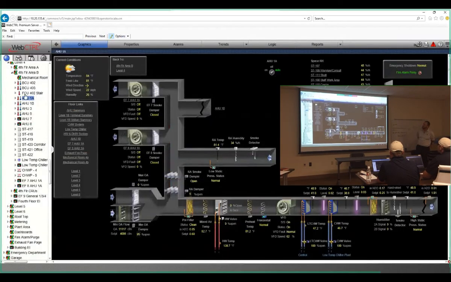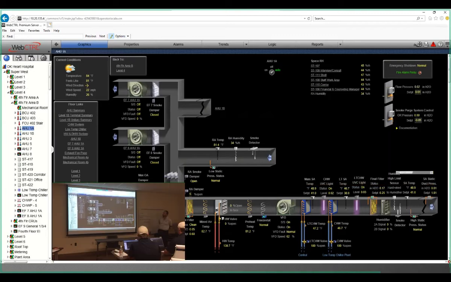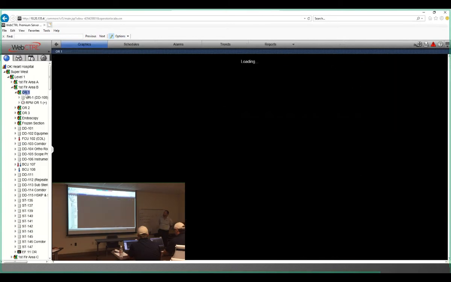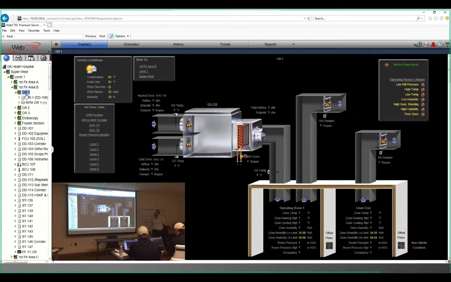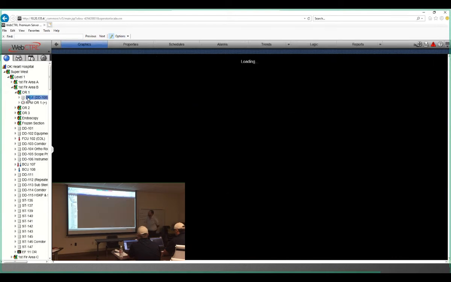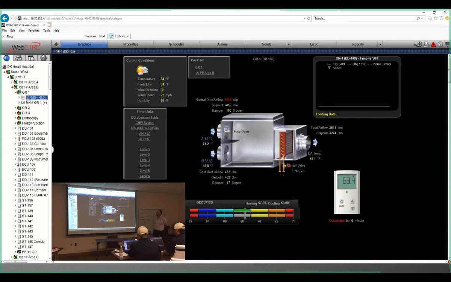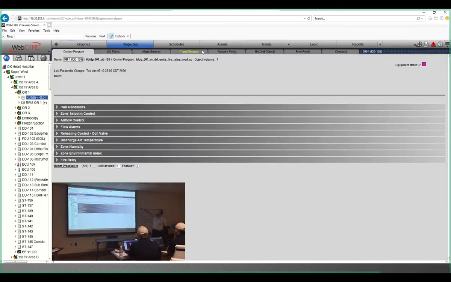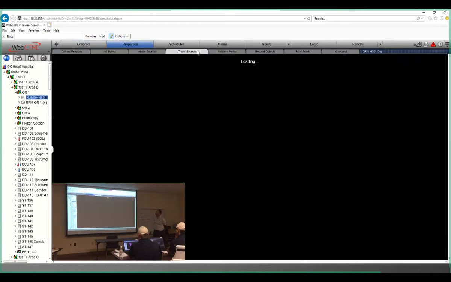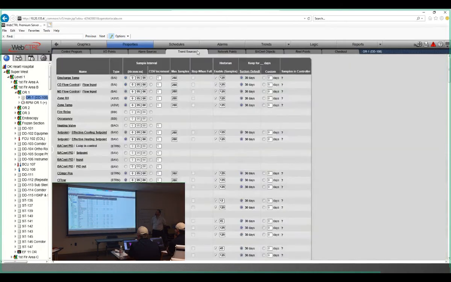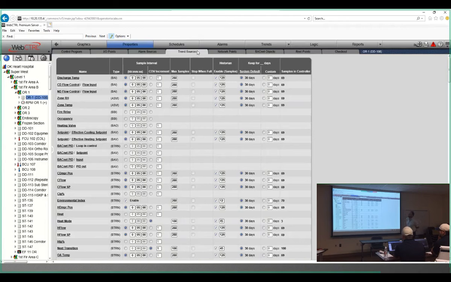Jump back down to the ORs. Click on that first box there, and then let's go to properties, and your trend sources are right there. So currently it's keeping the zone RH and temp for 30 days.